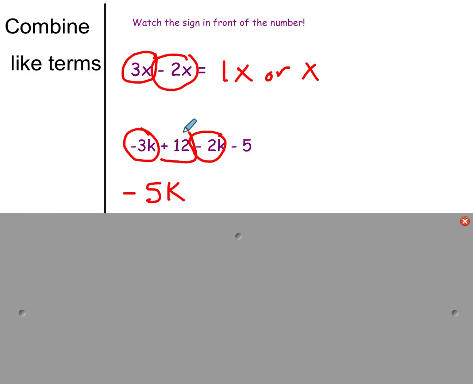Now I have a positive 12 and a negative 5. If I think about it in that way, the signs are different, so I must subtract. 12 minus 5 is 7, and I keep the sign of the higher number, positive. So that's why it becomes a plus sign now, because it's a positive 7.